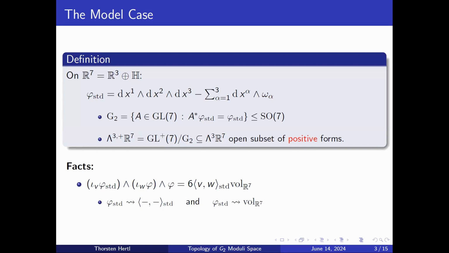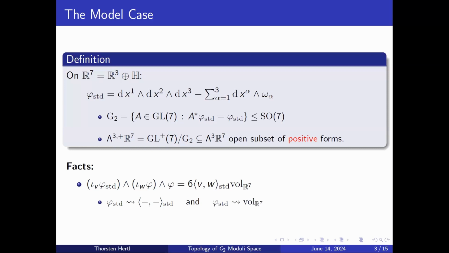If you do not like that formula, or if you cannot remember it, that's not so bad, because we have an entire orbit of such three-forms, and it's an open subset in the set of all three-forms. So any element of this orbit actually does the job as well. Pick your favorite one.